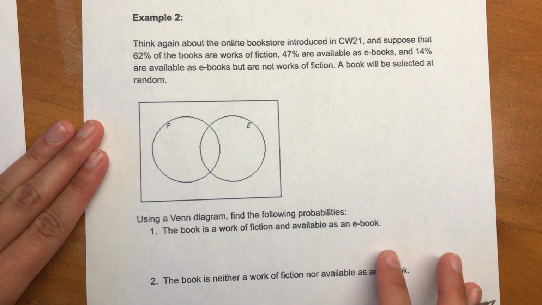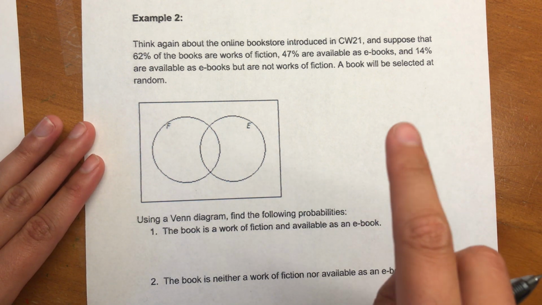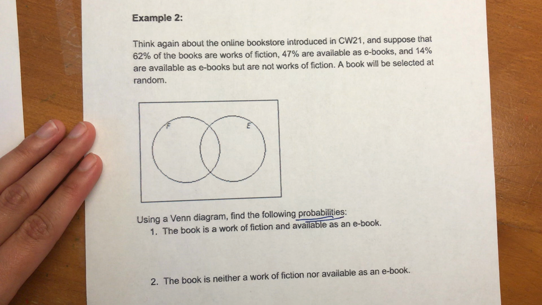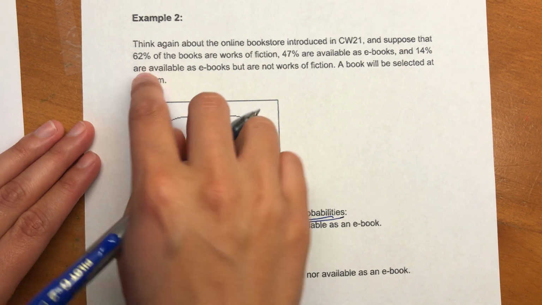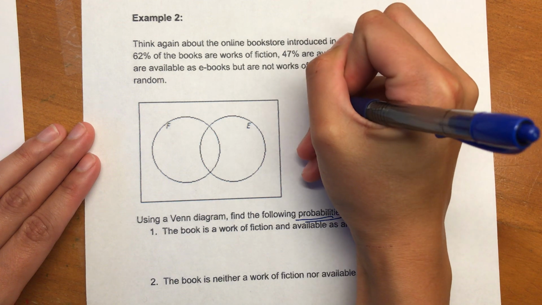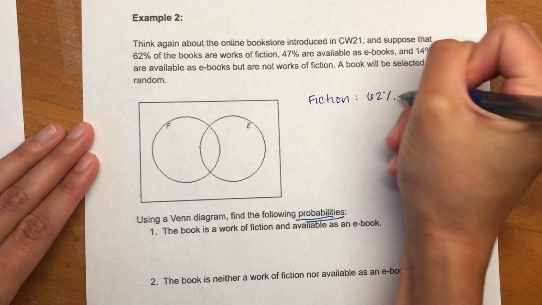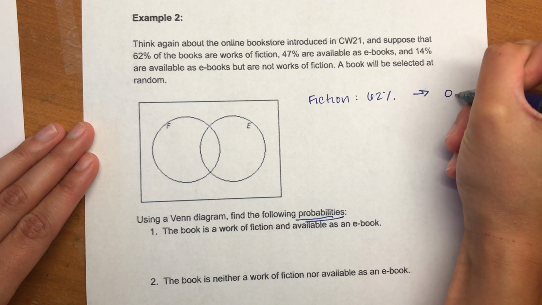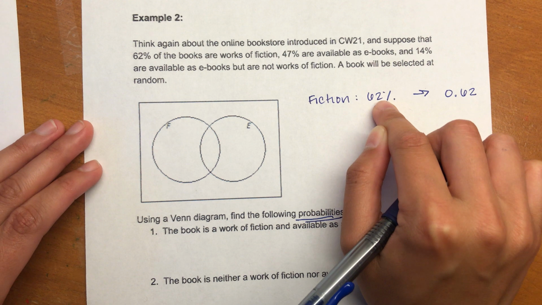So what I like to do is I like to fill in the whole Venn diagram first, okay? And since we're saying probabilities, not percentages, we need to convert each of these numbers to probabilities. So if we say fiction is 62%, that means the probability is 0.62, right? We're dividing the percentage by 100.